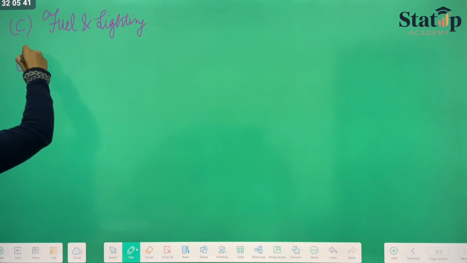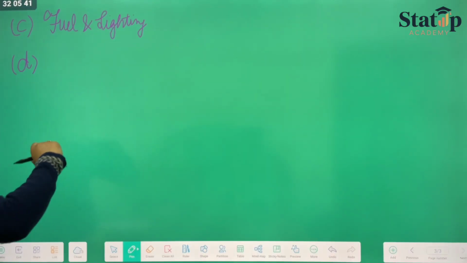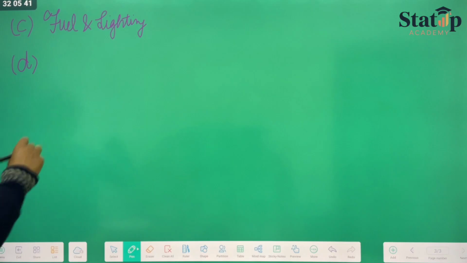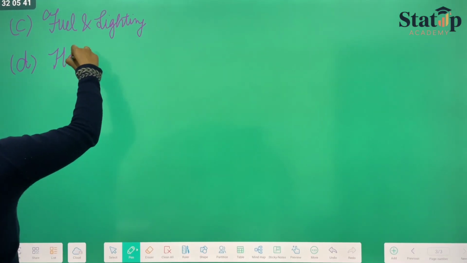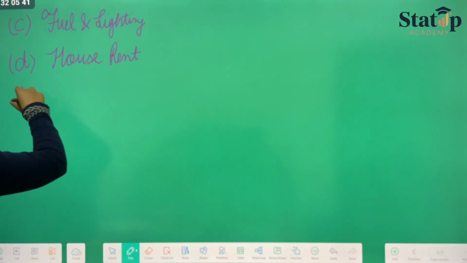The fourth one would be house rent, and the fifth one would be miscellaneous.